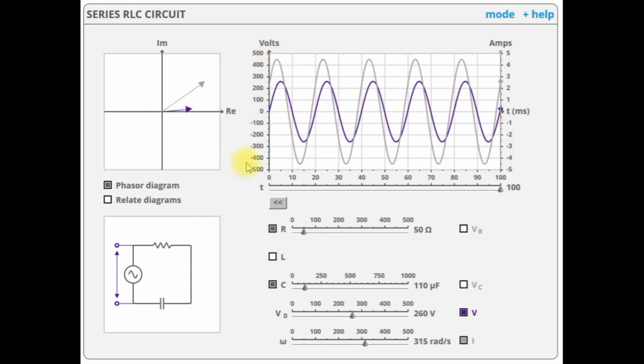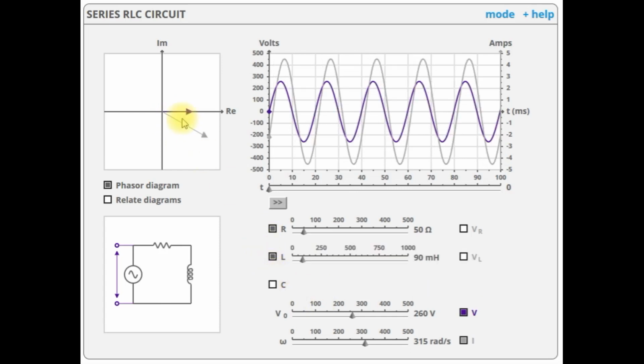In that case, the vector diagram can be drawn as follows: first, the phasor corresponding to the reference vector will be drawn along the positive direction of the x-axis, and the second one, if it is leading with respect to the reference phasor, can be drawn with an angle of lead corresponding to the phase difference between these two sinusoidal waveforms. This is the leading case, and for the lagging case, the angle of lag will be measured in the clockwise direction, which is shown in this figure.